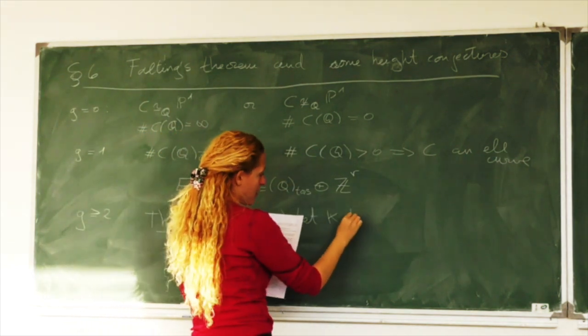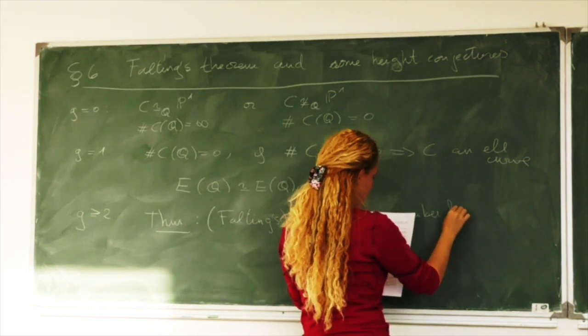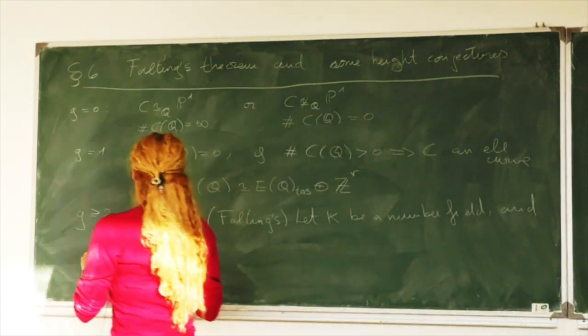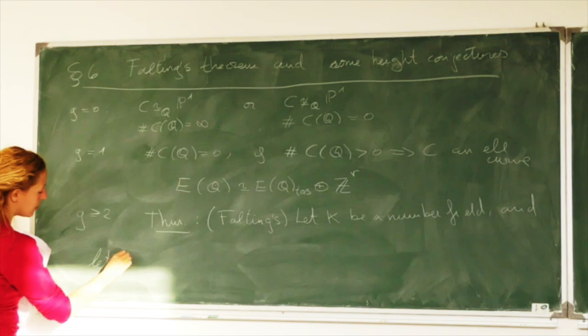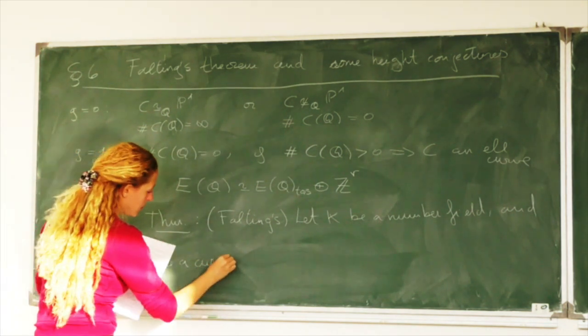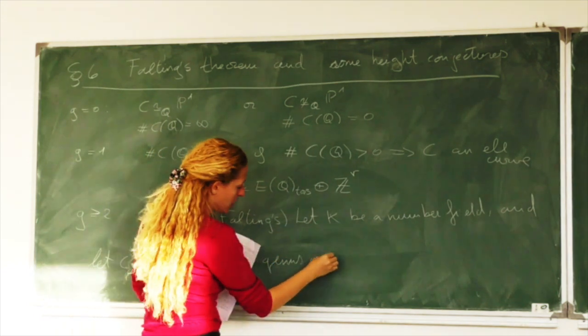Let K be a number field and let C over K be a curve of genus greater or equal than 2.